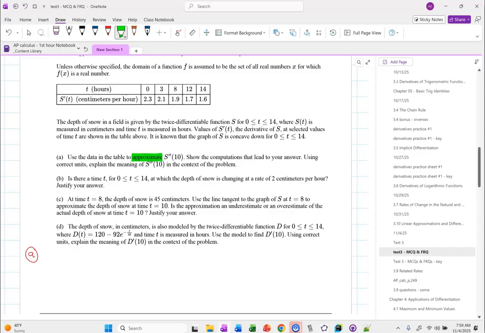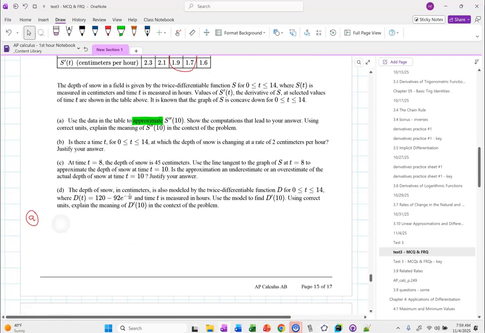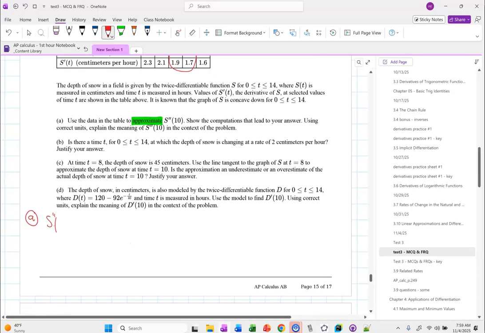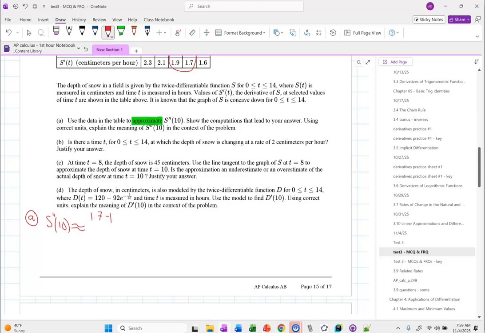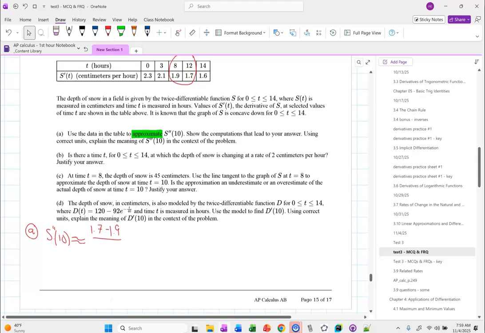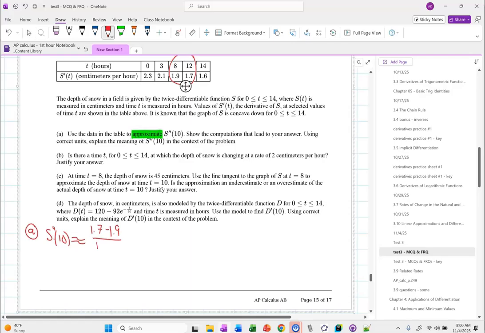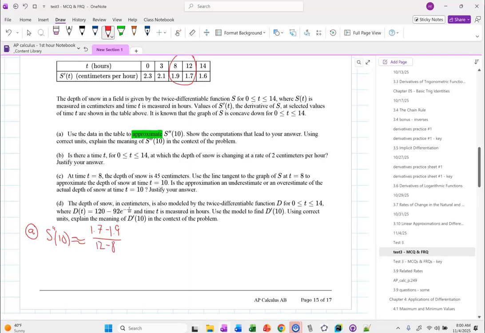Whenever you're asked to approximate a derivative, the method you would be using is slope. So 10 lies in between these two, so this would be approximately. Everybody's okay with that? And it's a calculator problem, so you just grind that through on your calculator.